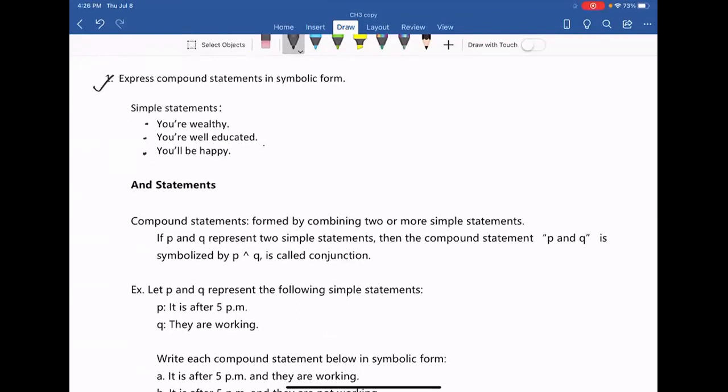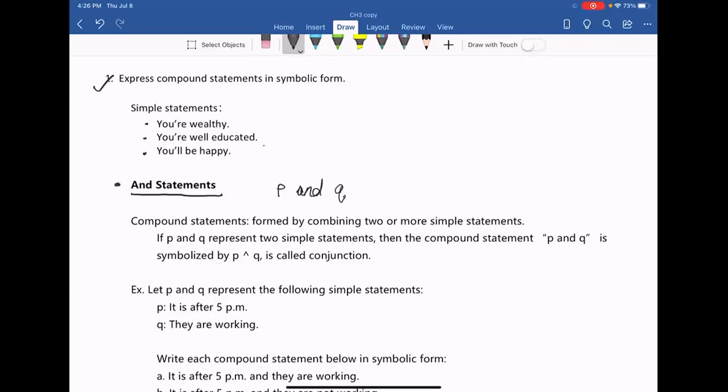The first part, we learn about the "and" statements. We use the word "and" to connect one simple statement with another.